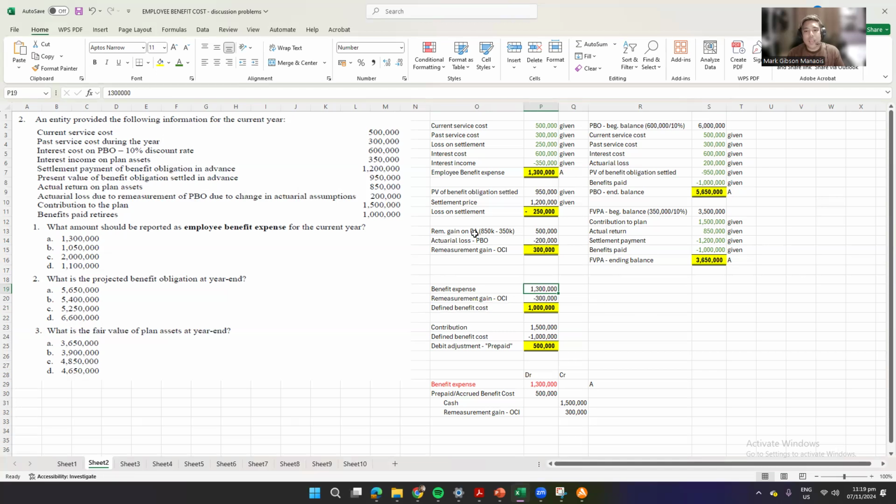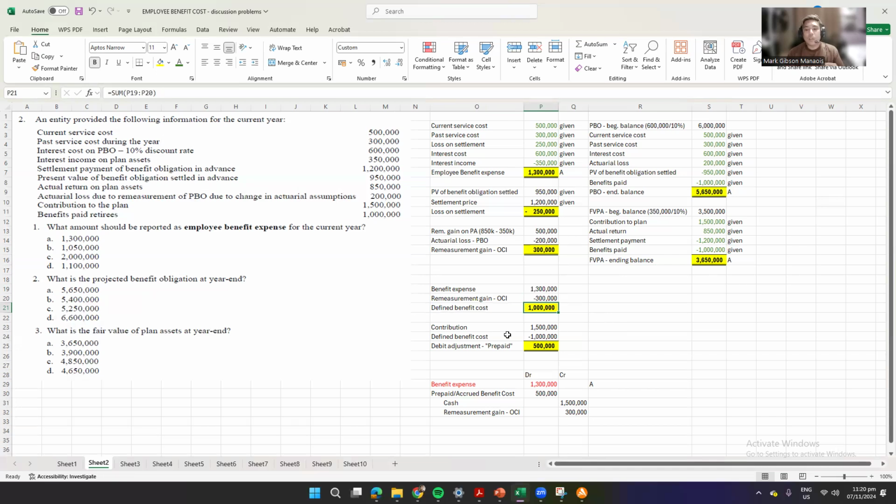So the remeasurement gain on plan assets, so that's 850,000 less 350,000 interest, no? So that's 500,000 less the actuarial loss. So the remeasurement gain that we need to recognize in the OCI is 300,000. So again, this is just a template, no? So total employee benefit expense of 1,300,000 less any remeasurement gain that we have recognized in OCI. So that's less 300,000. The total defined benefit cost would be 1 million pesos.